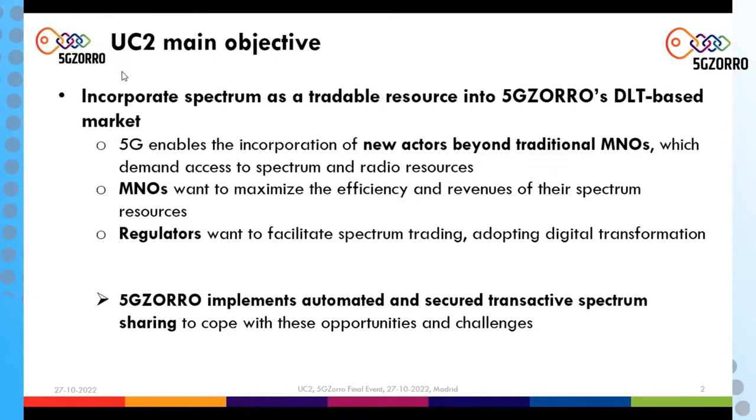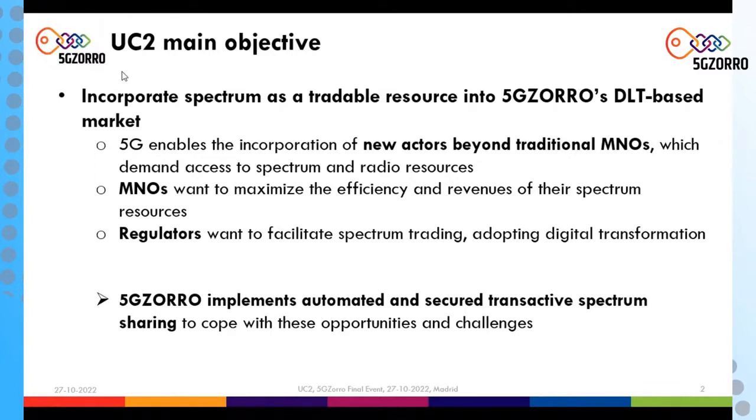We considered here that, first of all, 5G opens the door to new actors beyond traditional MNOs. They want radio resources, they want spectrum resources, and maybe it's complex for them to access the traditional market. Then we have the operators, who want to maximize revenues regarding their spectrum, which is scarce and also expensive.